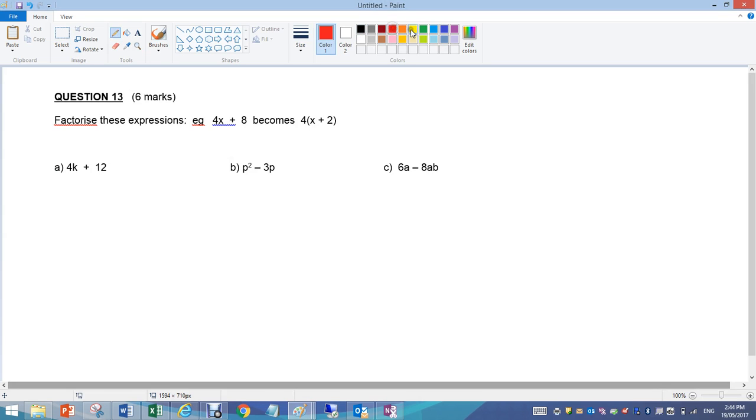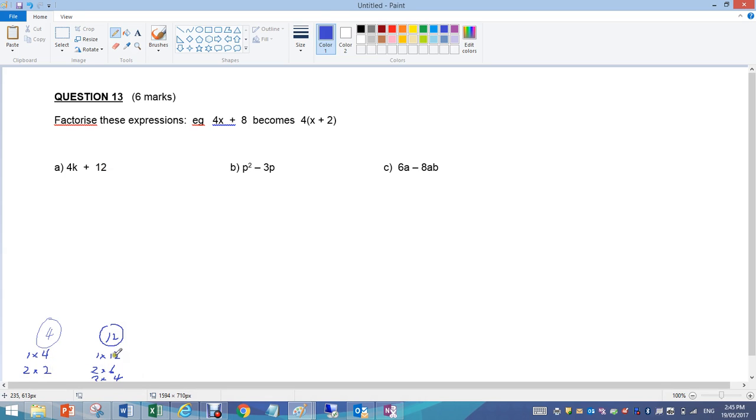Factorizing. Okay, so find the highest common factor. So we've got 4, so the factors of 4 are 1 times 4 and 2 times 2. The factors of 12 are 1 times 12, 2 times 6 and 3 times 4.